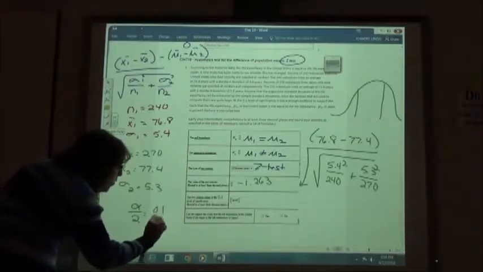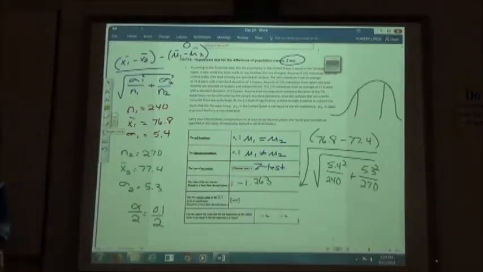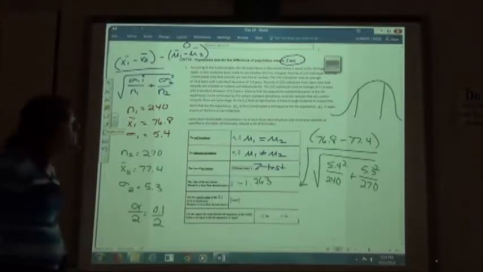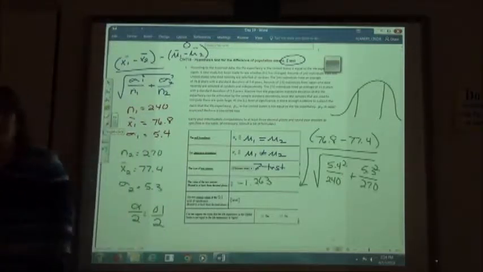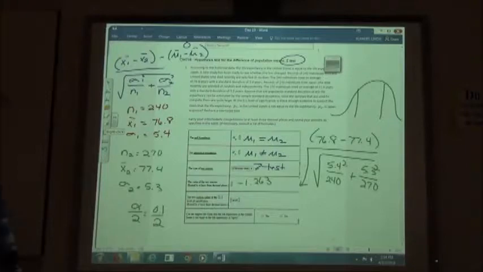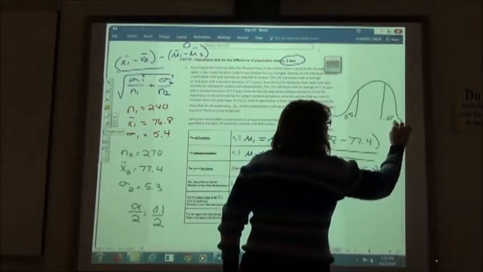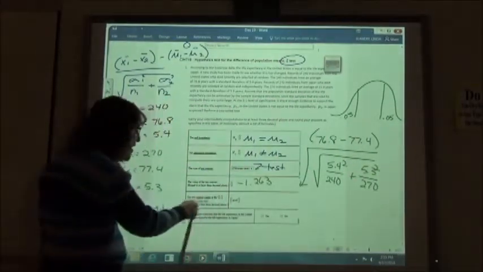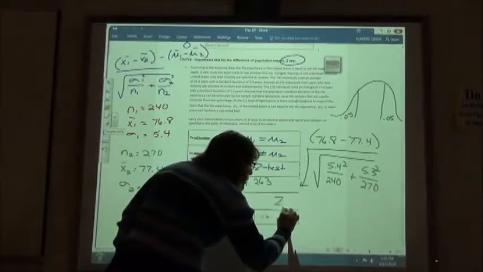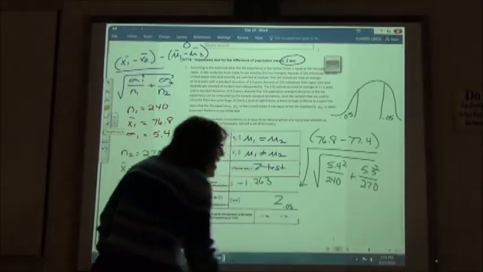So 0.1 divided by 2 would give me 0.05, which means this side is 0.05, this side is 0.05.